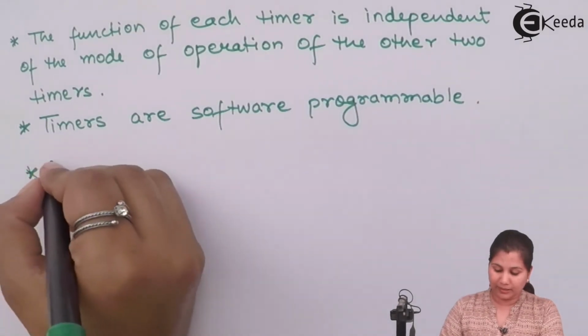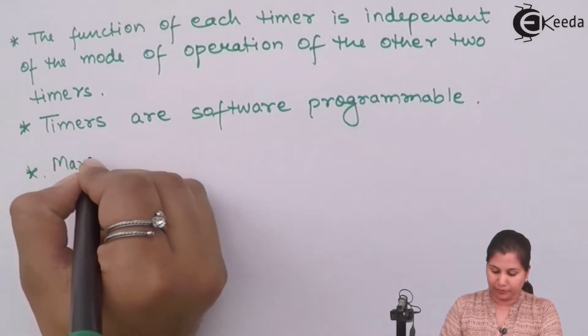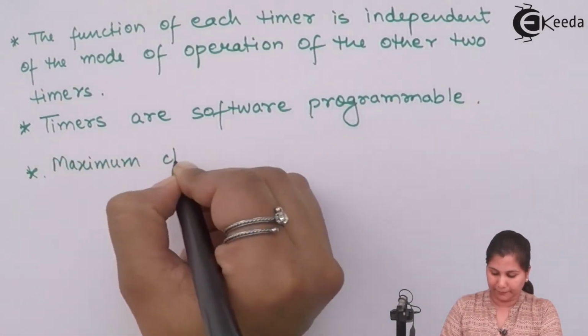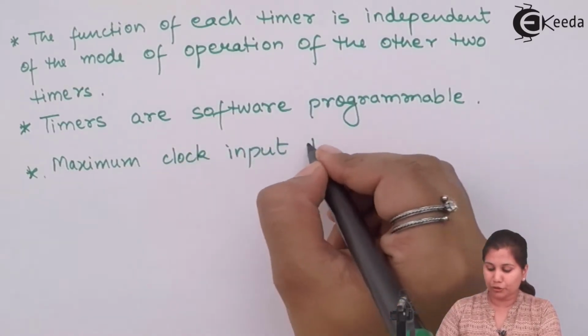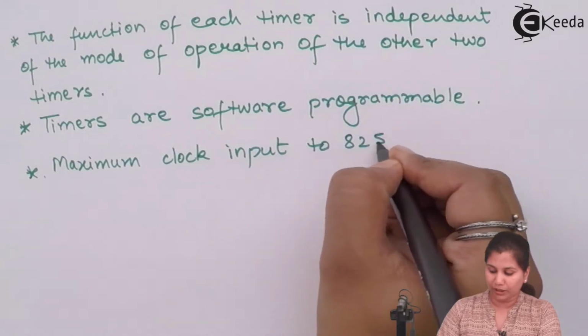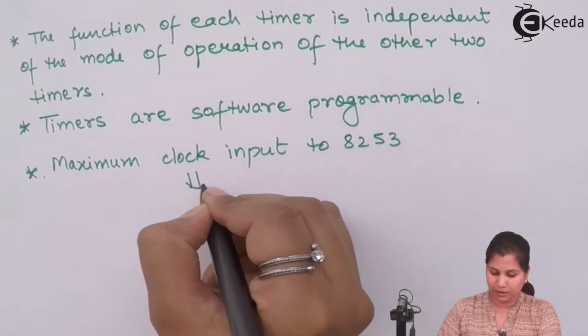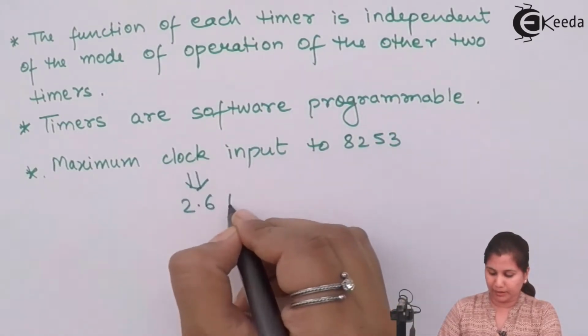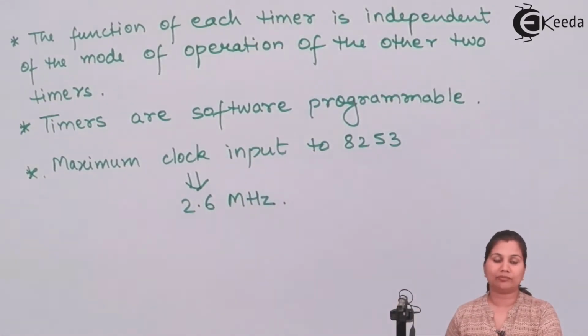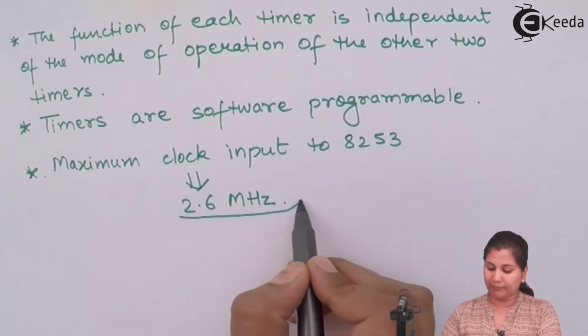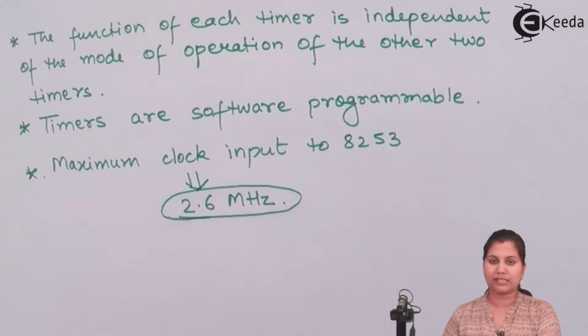Now then comes the maximum clock input. The maximum clock input to the 8253 is 2.6 megahertz. So we can say that the timers can work up to a frequency of 2.6 megahertz, which is the maximum operating frequency of the 8253 timers.